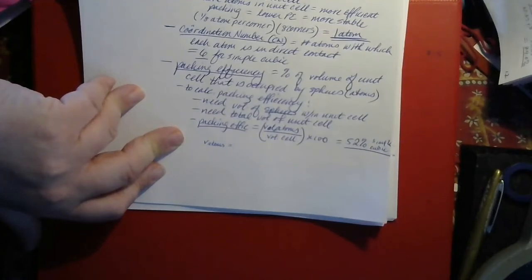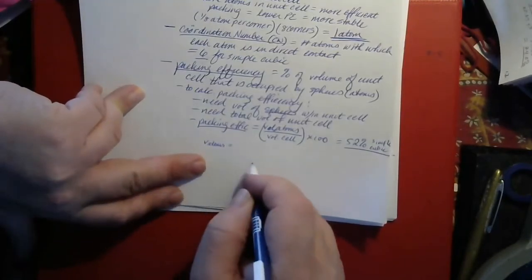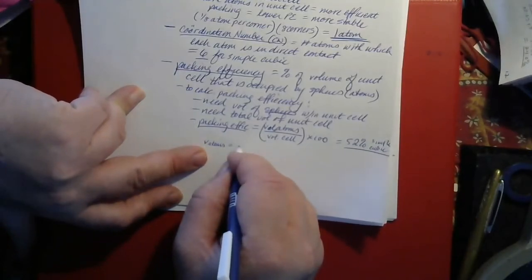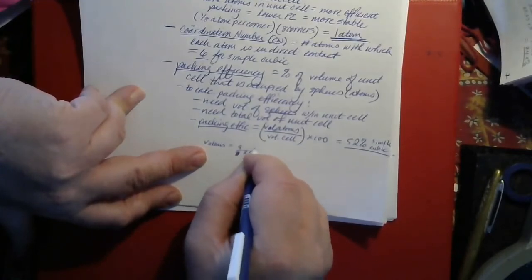But actually, even if you don't know what the radius of the atoms is, you can just leave the letter r in there, and it ends up canceling out pretty quickly in the process. So the volume of the atoms will be, well, the volume of a sphere is 4/3 pi r cubed.